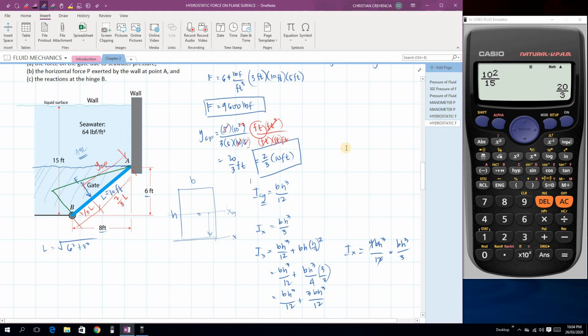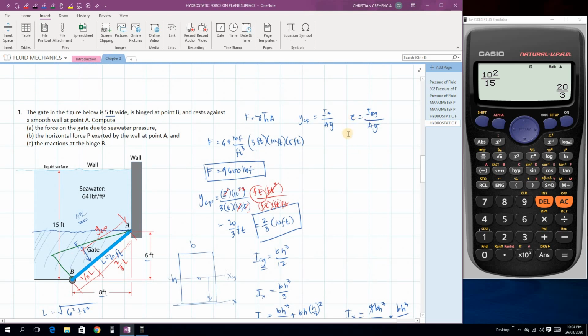So, kung gagamitin pala natin yung itong formula na to, yung distance E. Okay, so yung distance E is yung distance from, kung ito yung center of, andito yung center of gravity natin, papunta dun sa may force, so that's yung distance E. Okay, so try lang natin. Yung distance E is equal to moment of inertia about the center of gravity, BH cube over 12, yung ito nga. Okay.